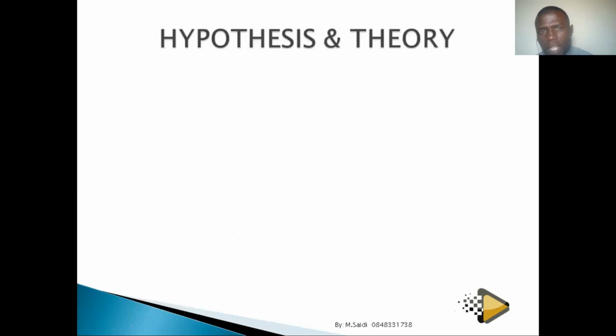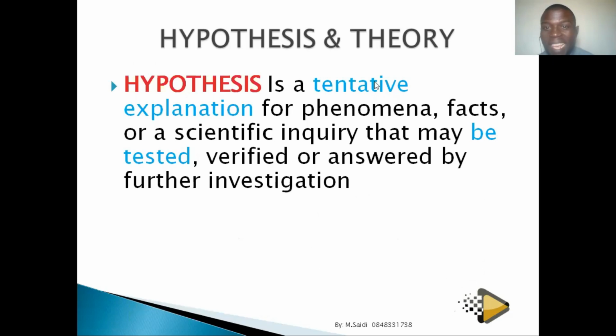So let's look at what a hypothesis is and what a theory is. You need to understand this, because sometimes people confuse these two statements. A hypothesis is tentative. You know the meaning of tentative? It means something which is not permanent.